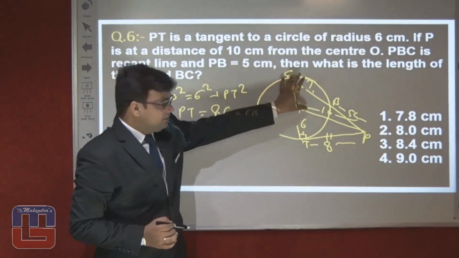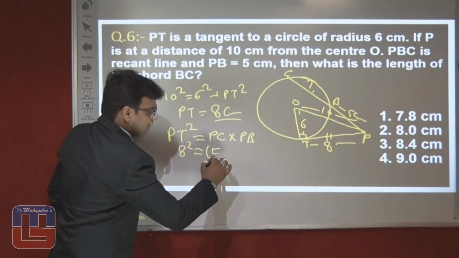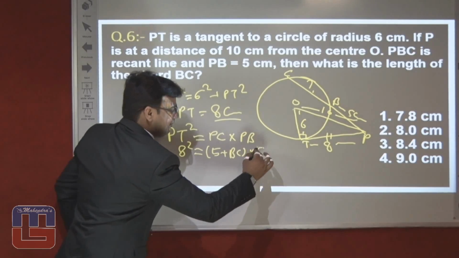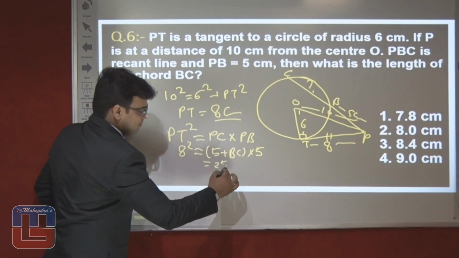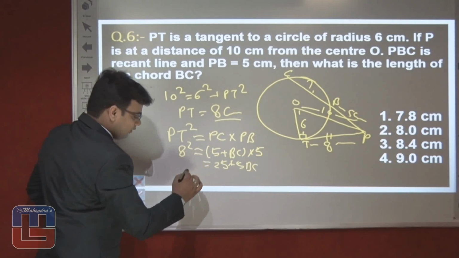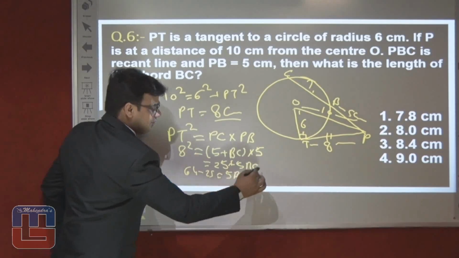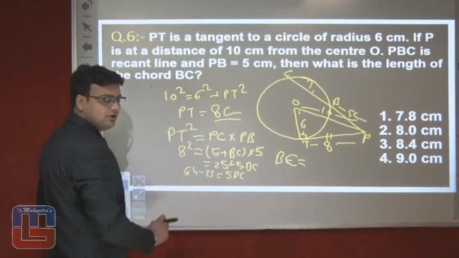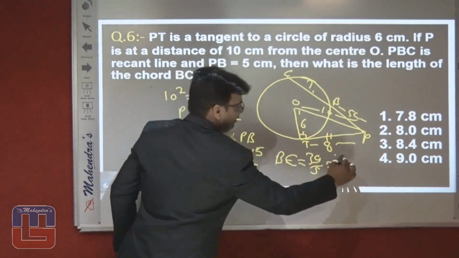PC is not given here, but it is 5 plus BC, and PB is 5. If we solve it, 5 fives are 25 plus 5 BC. So 64 minus 25 is equal to 5 BC. That means BC is equal to 64 minus 25, that is 39, divided by 5, then we get 7.8 centimeter.